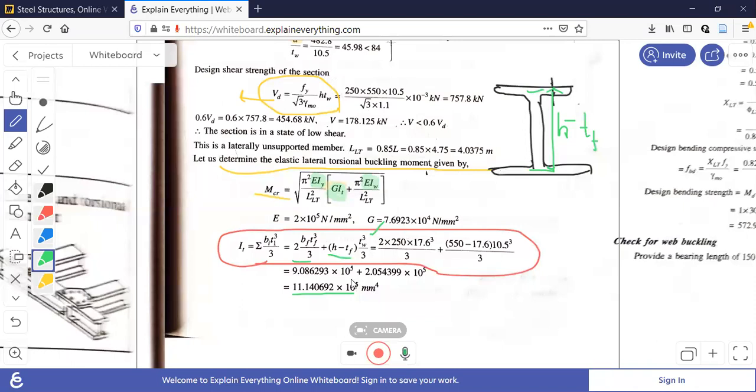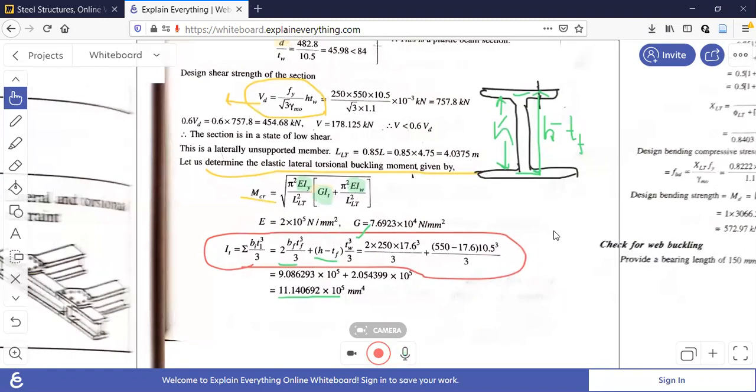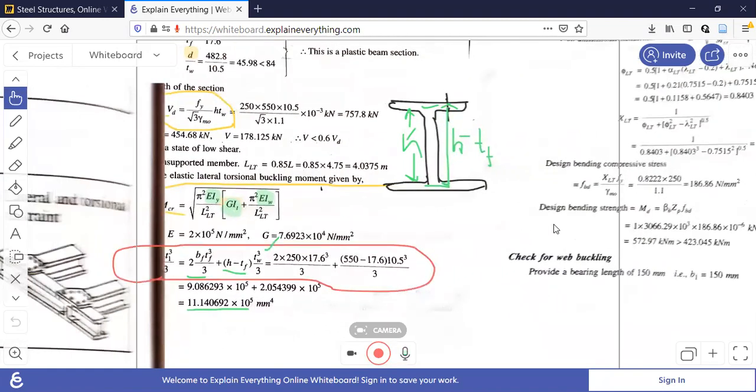What you need to understand here is, irrespective of the orientation of the flange and web, it should be T raised to 3 only. There are 2 terms because there are 2 flanges. So here they have not taken this distance, H dash or whatever you can call it. Otherwise, it would have been H minus 2 TF. They have gone to the center to center of this. As I told you, this is an approximation.